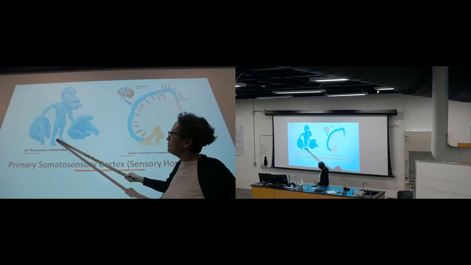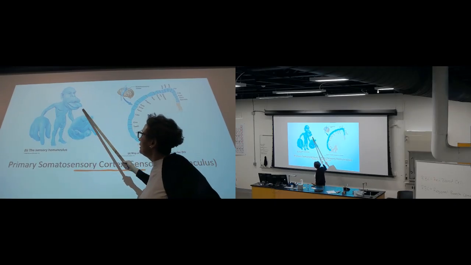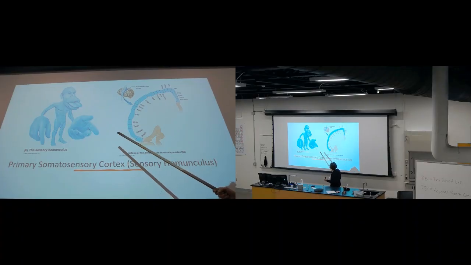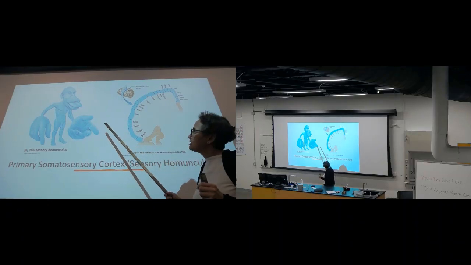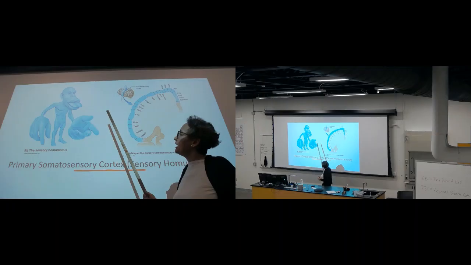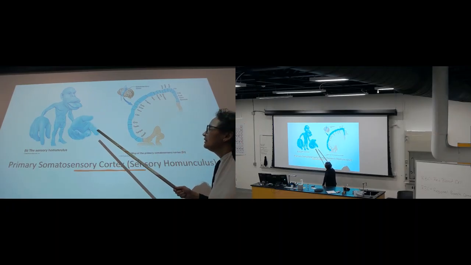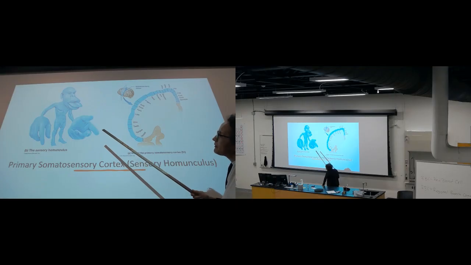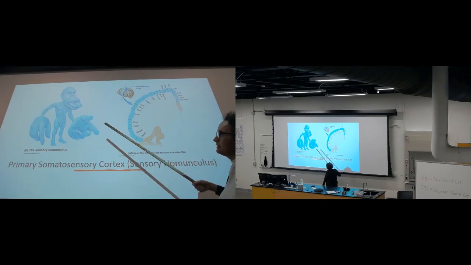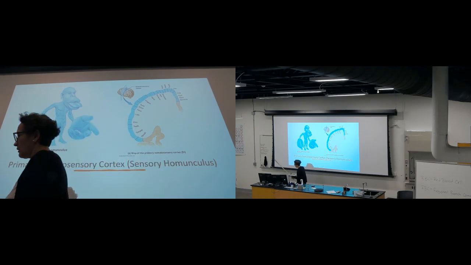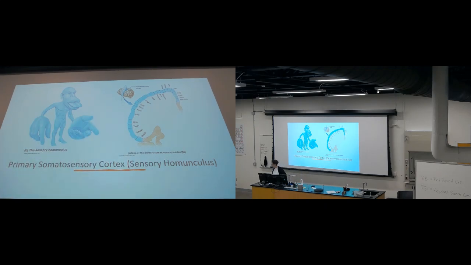So this homunculus, which is a distorted human body, tells you how much information we dedicate in the brain to each of these regions. So based on that, what area of the body is the one that receives more sensory information?